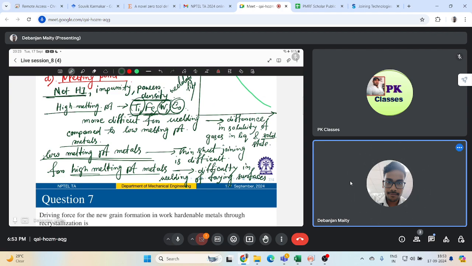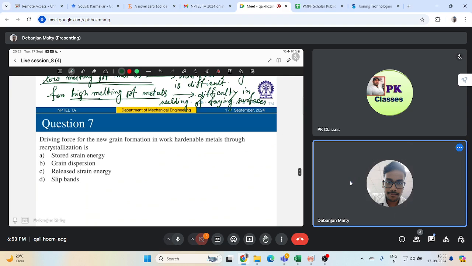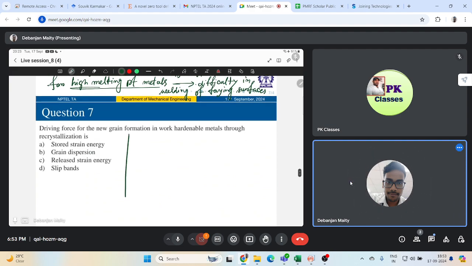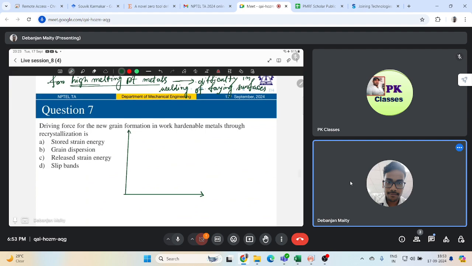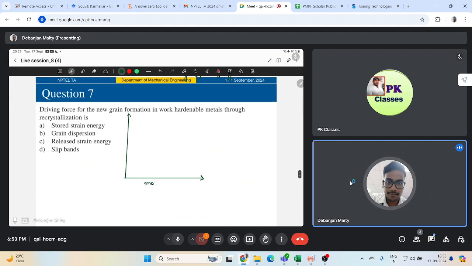Right? Now again I will draw a graph of what I have just talked about. Let's say my y-axis is melting temperature and my x-axis is weldability. Now how will it vary?